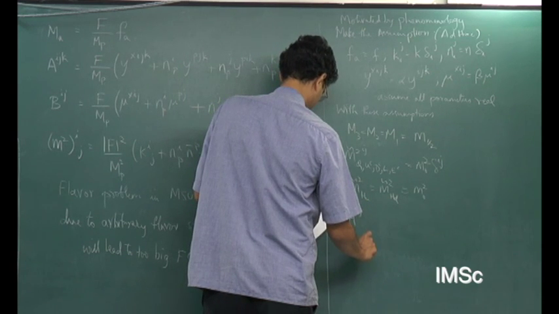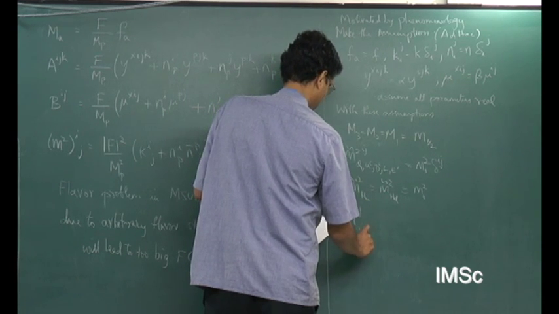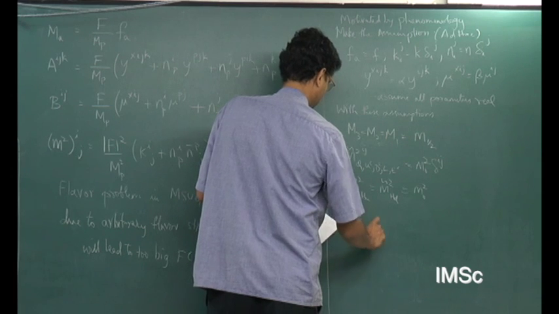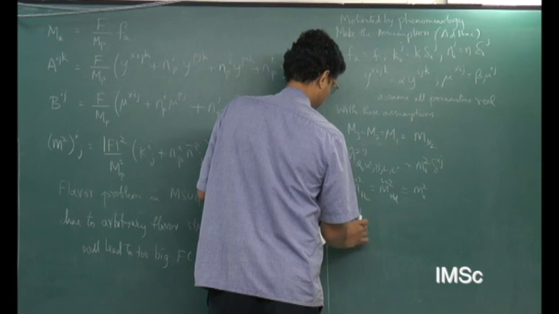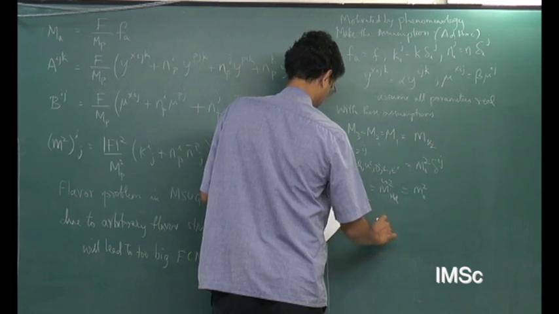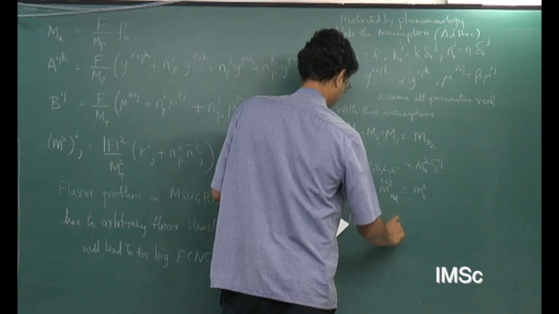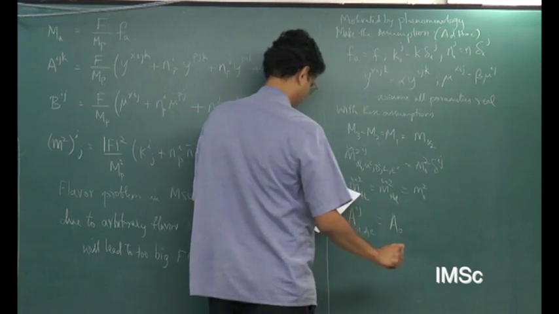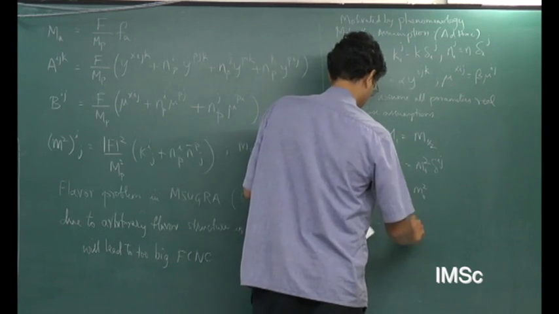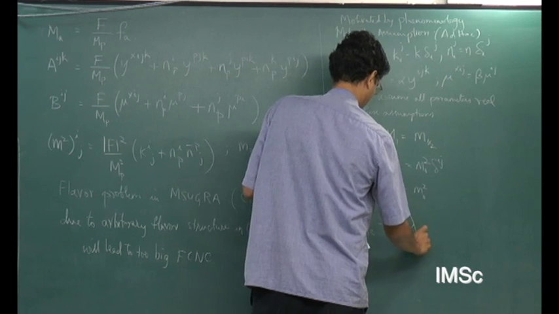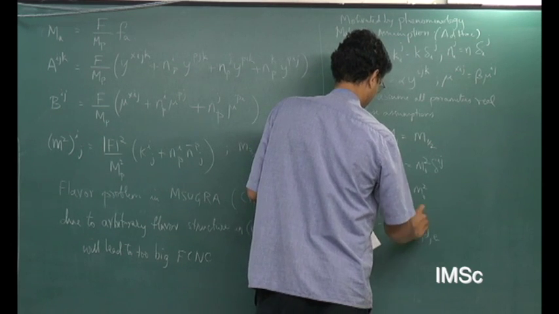Let me write it as U, D, E, given by the same A0 times the corresponding Yukawa coupling.